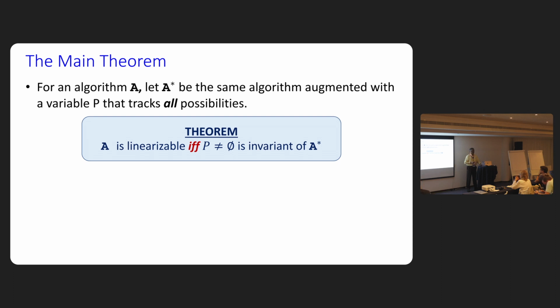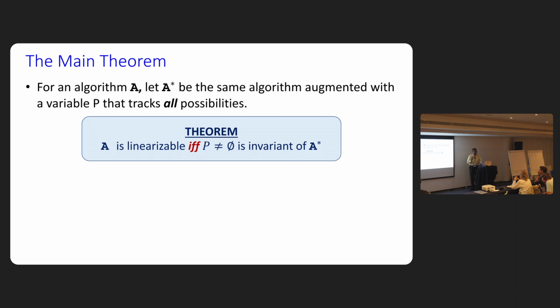We will not miss the linearizability of A. Had I been selective about what possibilities to keep and what to dismiss, I could have missed. I could have made the set empty through my indiscretion. Okay, very good.